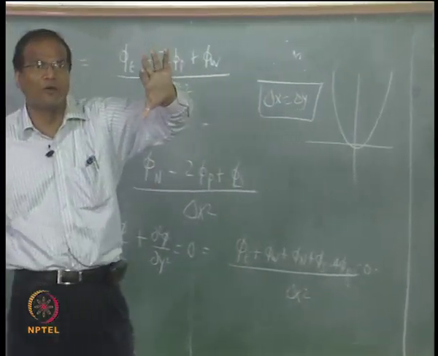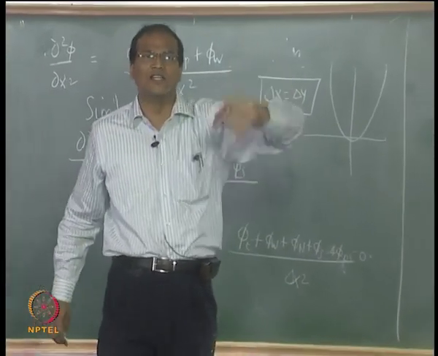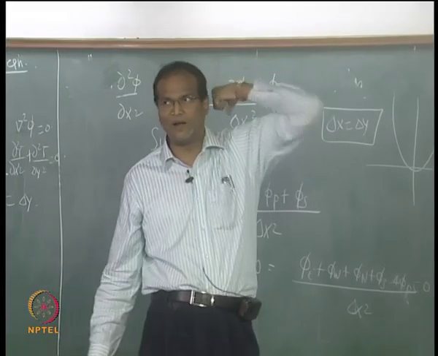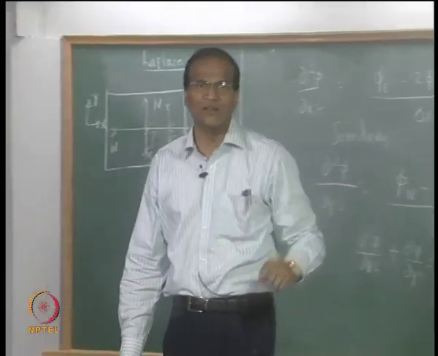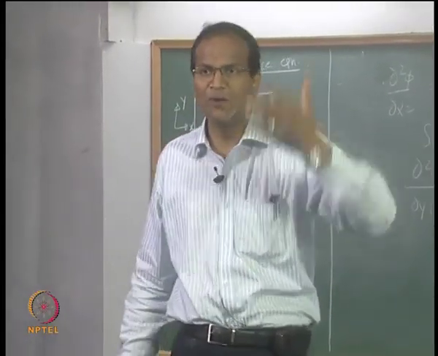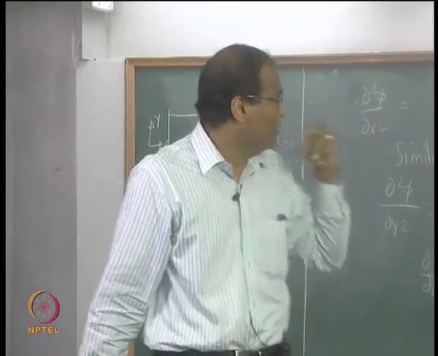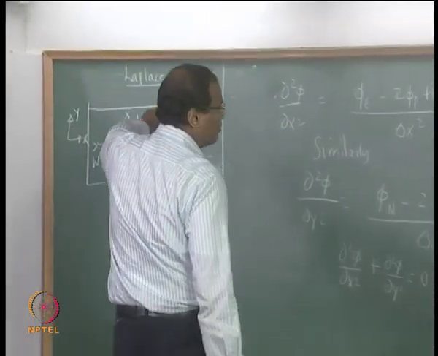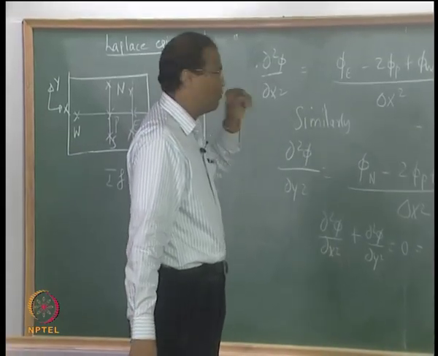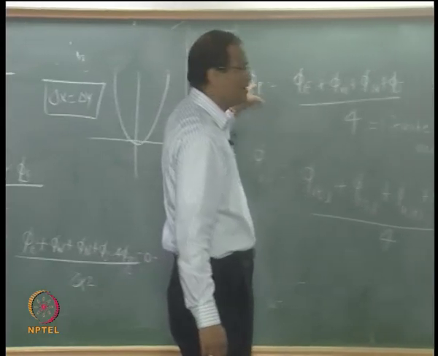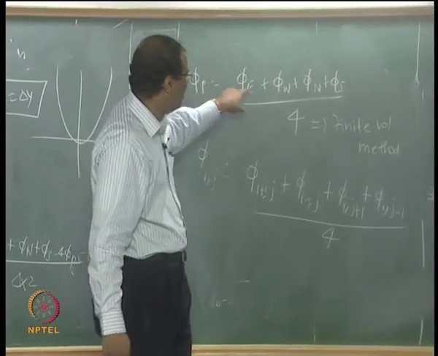So in an initial value problem, you start with an initial concentration or initial temperature and see how it marches in time. You do not go backwards in time. That is a parabolic equation. So you march ahead in time. Similarly, in an elliptic equation you require information from all the boundaries. Here it is symbolized by the nodal value at P being dependent on east, west, north, and south.